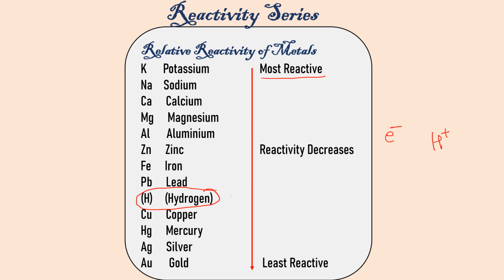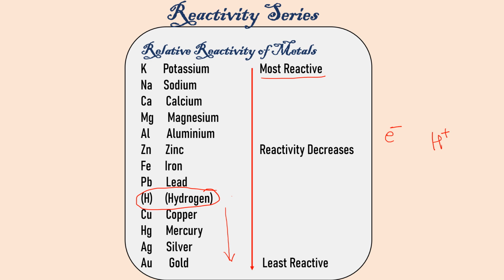The metals which lose electrons less readily than hydrogen are placed below hydrogen, and the metals which lose electrons more readily, meaning faster than hydrogen, are placed above hydrogen in this reactivity series.